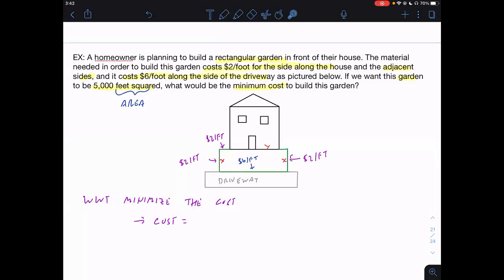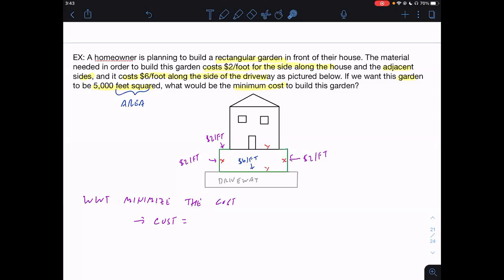But this top side and the bottom side are going to be of equal length. So this will also be Y on the bottom. So we have X for the left, X for the right, Y on top, Y on the bottom. So we're going to figure out how long each side is going to be to figure out how much to spend on each side. So how can we figure out our total cost? Well, our total cost is going to be the length of each side times the respective price.